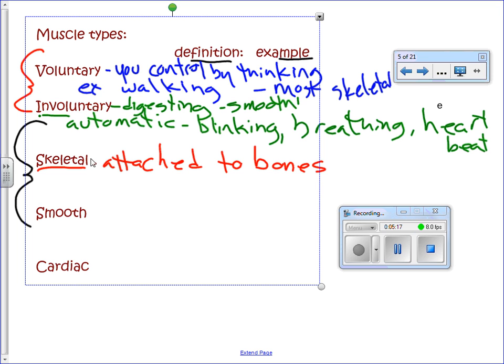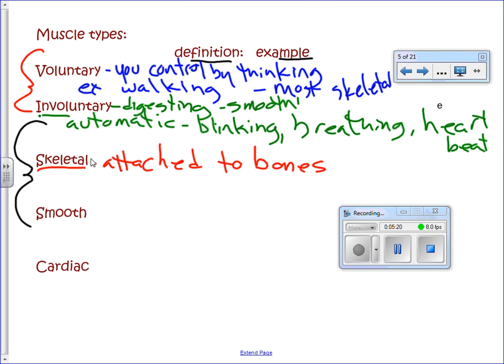Now, skeletal muscle, is this usually voluntary or involuntary? Voluntary. Yes, it's almost always voluntary. Question? The textbook says involuntary muscles are muscles that you can't control. Okay.